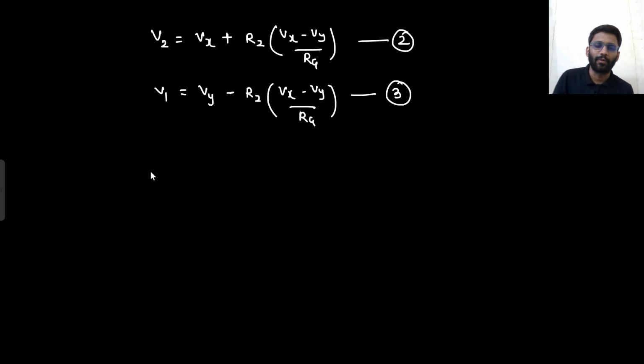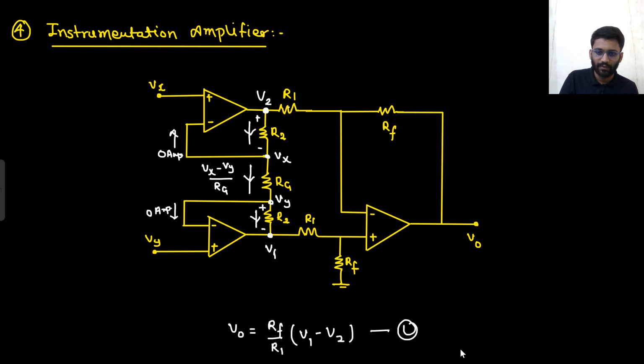So what will be your final output voltage? Your final output voltage will be Rf by R1 into (V1 minus V2). What is V1? V1 minus V2.